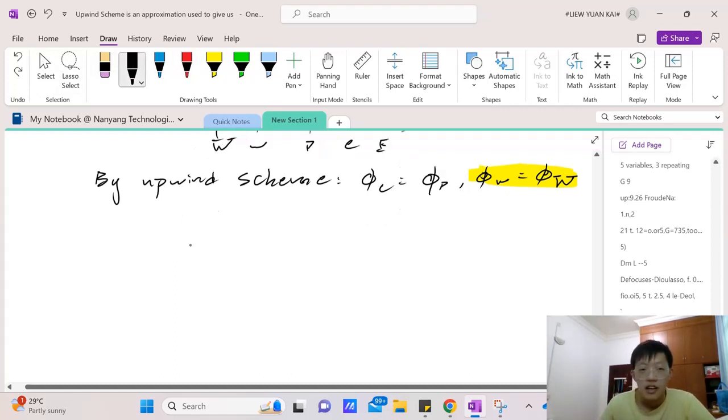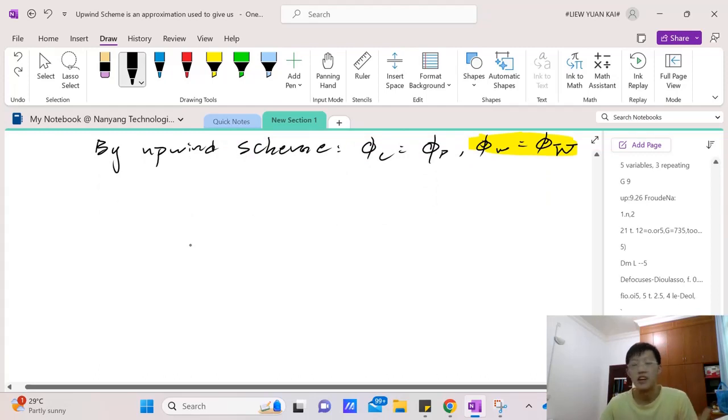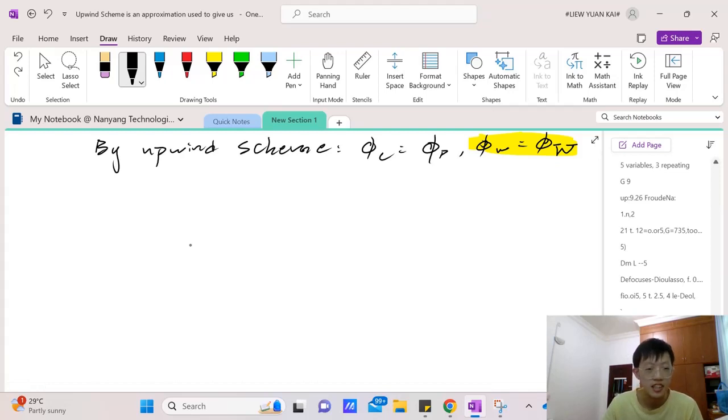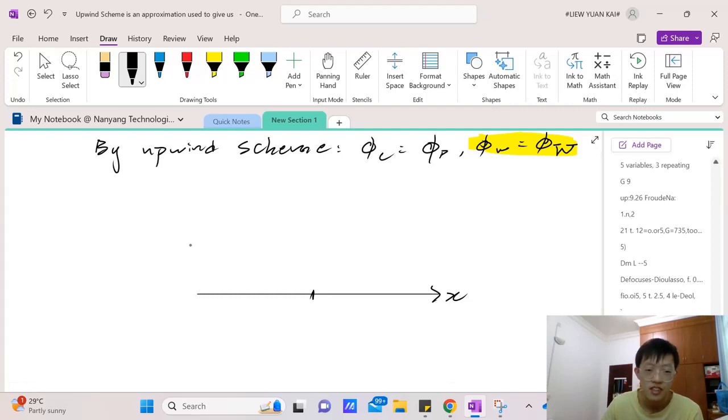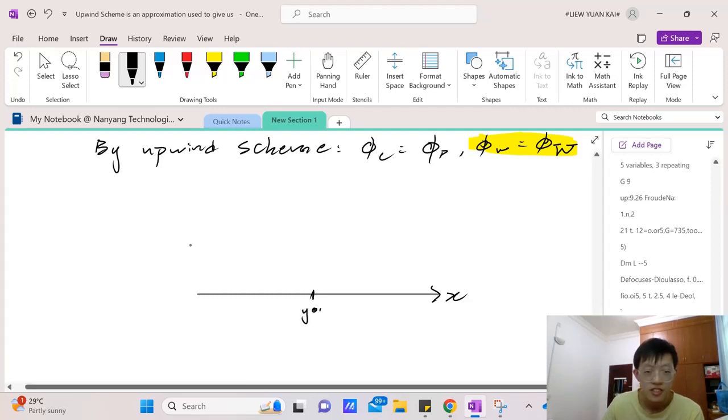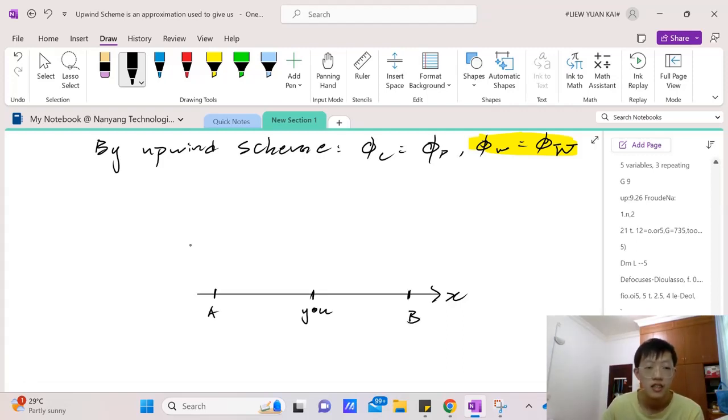Actually, I'm going to raise Professor Ang Wai Tiong's analogy, and this is how I managed to understand the upwind differentiation scheme from his analogy. Suppose this is the x coordinate, and then you're standing here, in the middle, so let's just call this U. And then we have a person here, person A, person B. We have a person here, and this is you.